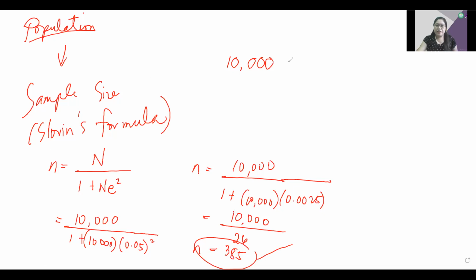So if you have 10,000, in probability sampling, you have to make sure that they have an equal chance to be selected and be part of this 385. So that's when we do random sampling, stratified sampling, cluster sampling, and what's the other one? Systematic sampling.